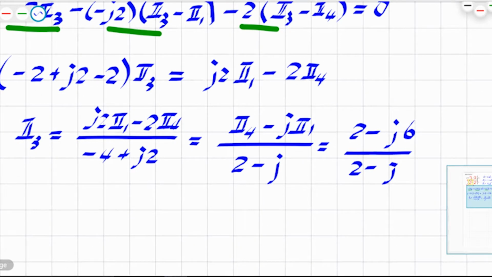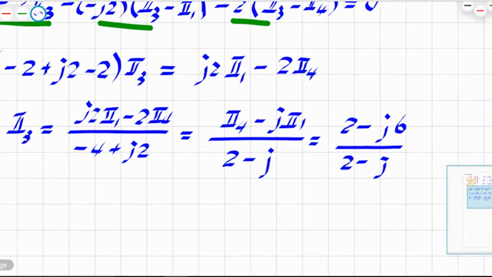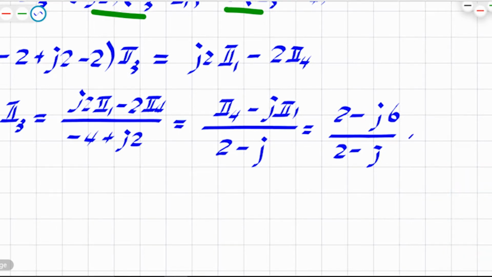Last time we changed the phasor in the denominator, but this time we're going to multiply by the complex conjugate of the denominator. So we multiply by 2 plus J over 2 plus J. We're not changing anything, we multiply by 1.